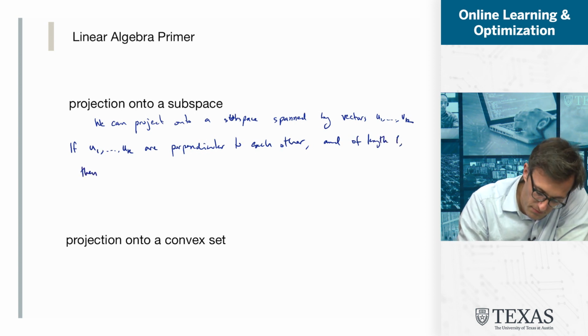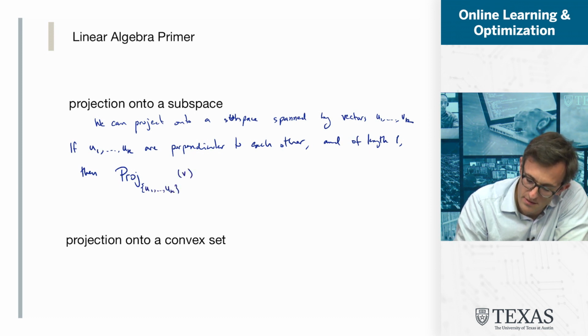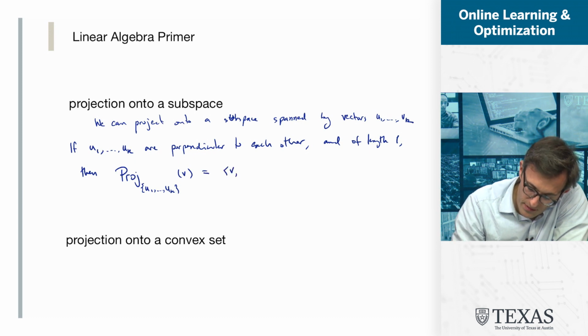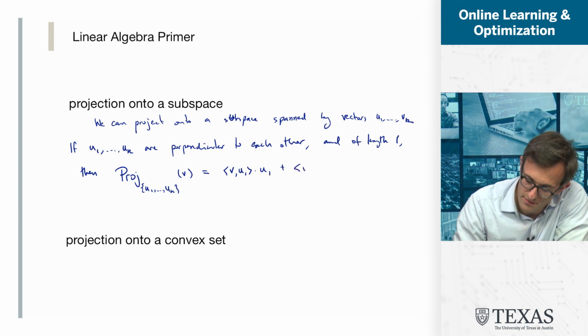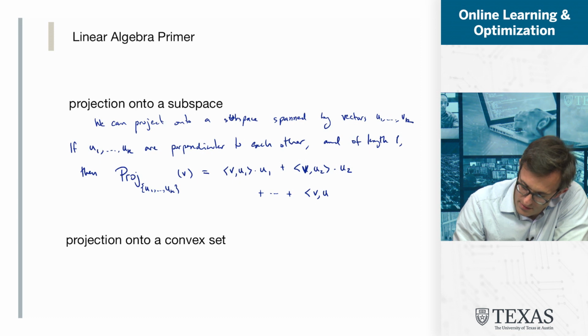Then the projection onto the span of u1 to uk of v is equal to v dot u1 times u1 plus v dot u2 times u2 plus v dot uk times uk.